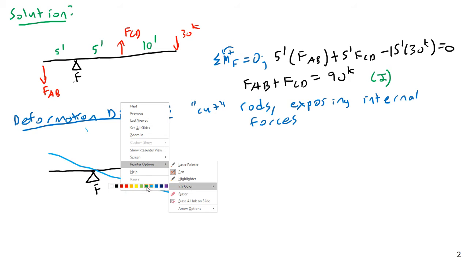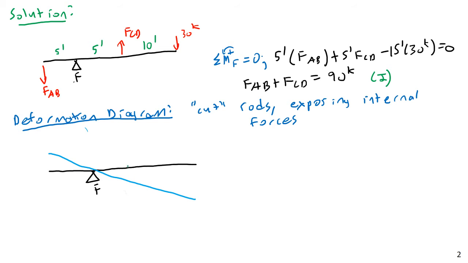I'm going to label these delta C and delta A, because here point A is on the beam. And we have delta E here, although really the ones we're going to need to use are C and A. And the distances on here are 5 feet, 5 feet, and 10 feet.